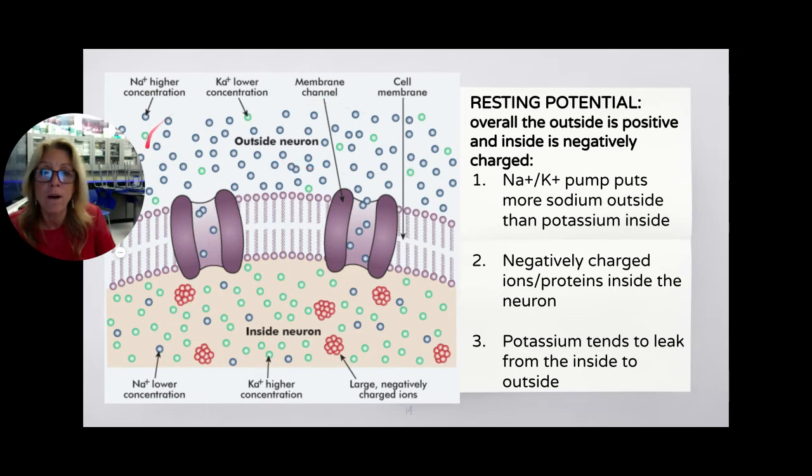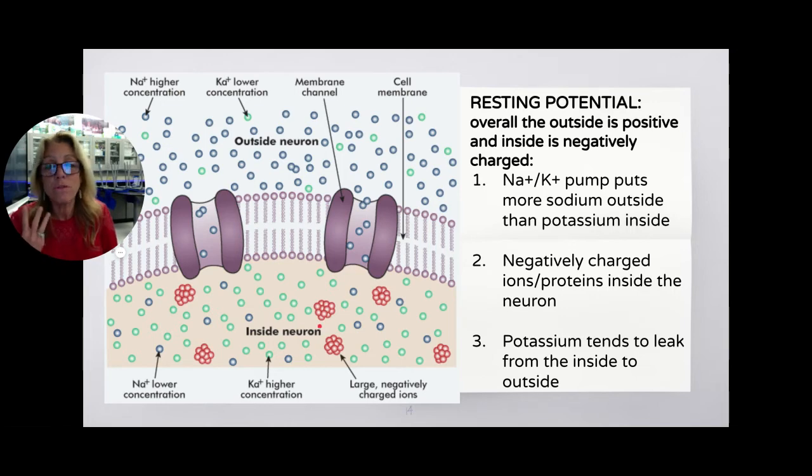So you can see there's a lot more blues on the outside and a lot more greens on the inside. The second factor that contributes to the resting potential of positive outside, negative inside, because basically we're making a charged battery here, is that inside the neurons there are negatively charged ions and proteins. So already more positives out than in, and on top of that, we have negative ions on the inside.